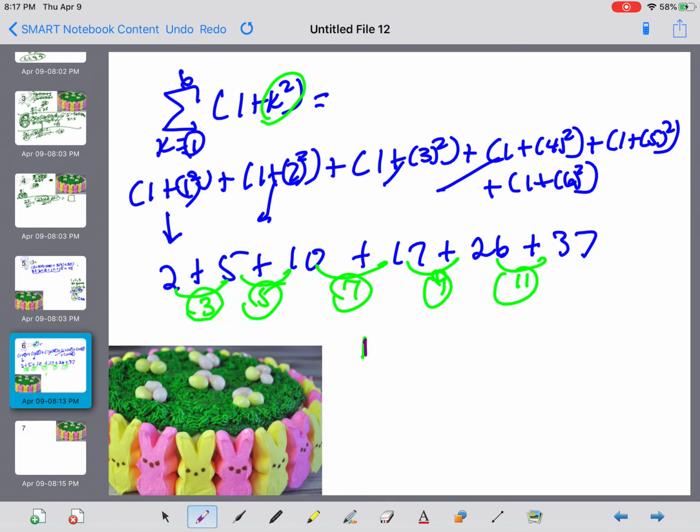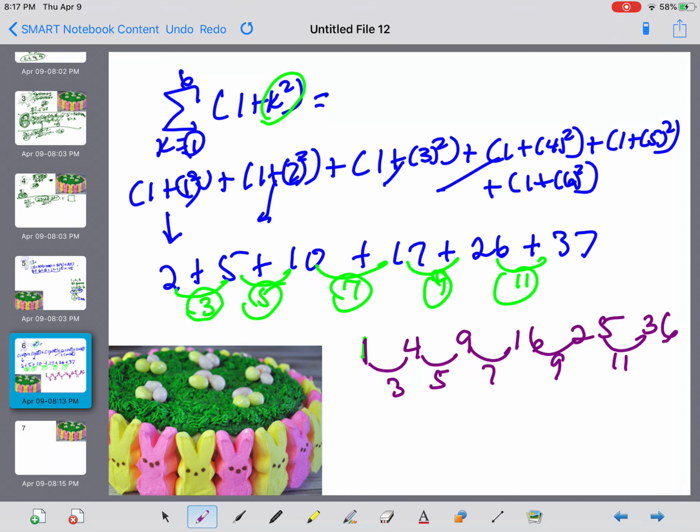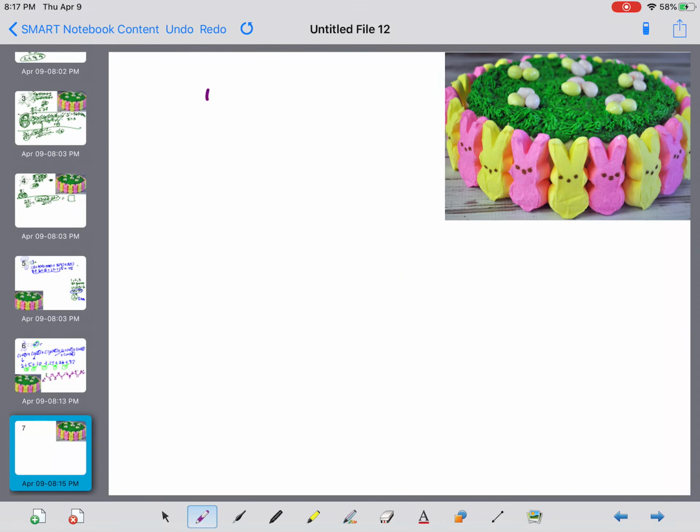If I have 1 squared, 2 squared, 3 squared, 4 squared, 5 squared, 6 squared. They skip by 3, 5, 7, 9, and 11. If you see that pattern developing, you know you have something with a squared in it later on.